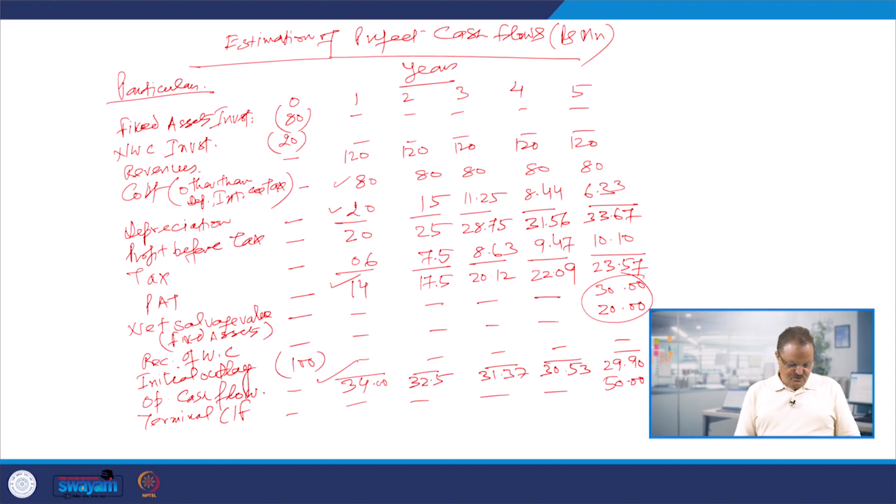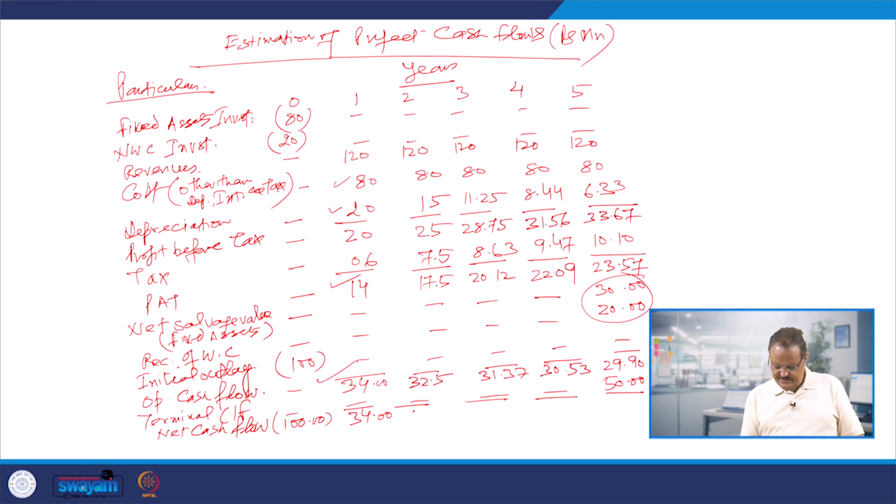And finally, after the terminal cash flow, we have to calculate the net cash flow. Net cash flow is going to be how much? 100 million, this is the outflow. And then this is going to be 34, right?